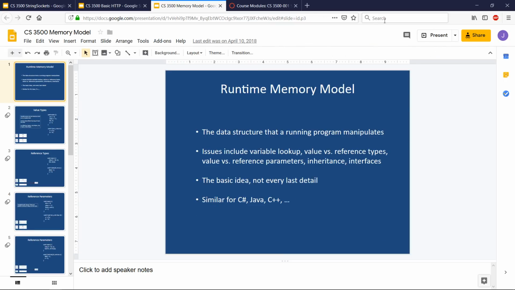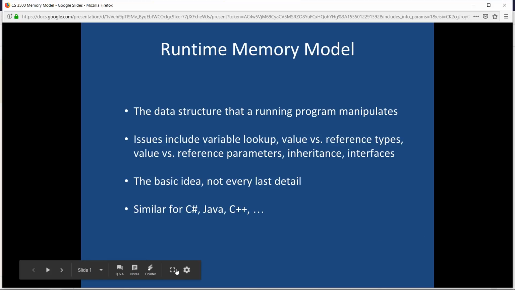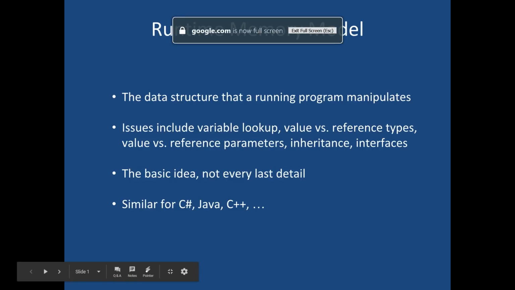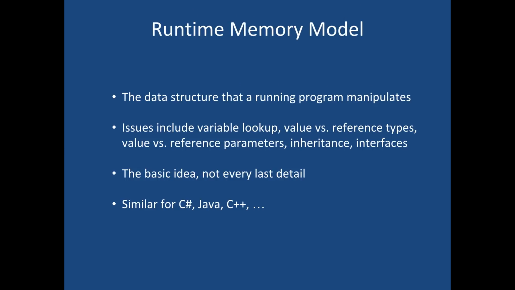All right, this is completely different. I want to go over with you again and add to the runtime memory model that's common, the basics are common to pretty much all programming languages. And so you know that the runtime memory model consists of the stack and the heap, basically the data structure that a running program manipulates.